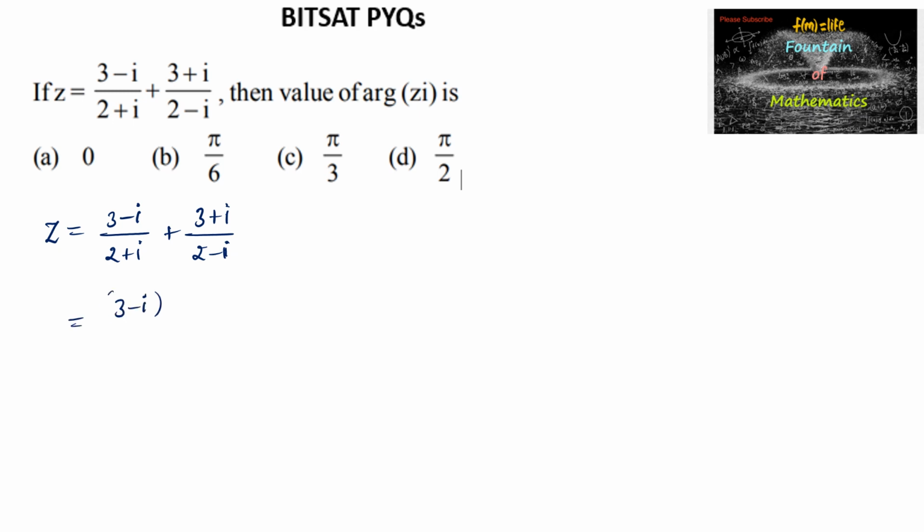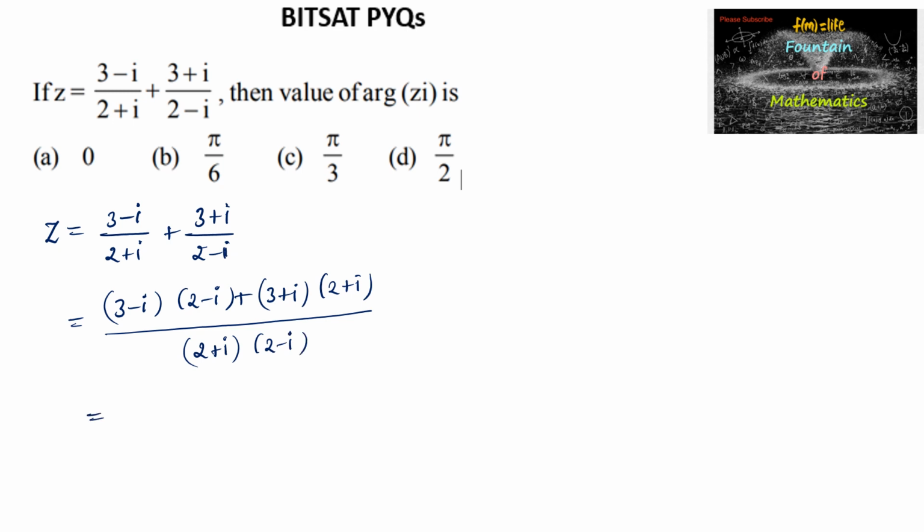So we can write (3 minus i) into (2 minus i) plus (3 plus i) into (2 plus i) divided by (2 plus i) into (2 minus i), which is equal to 3 2s are 6 minus 2i minus 3i plus i square, and again here 3 2s are 6 plus 2i plus 3i and again plus i square, divided by 2 2s are 4 minus i square.